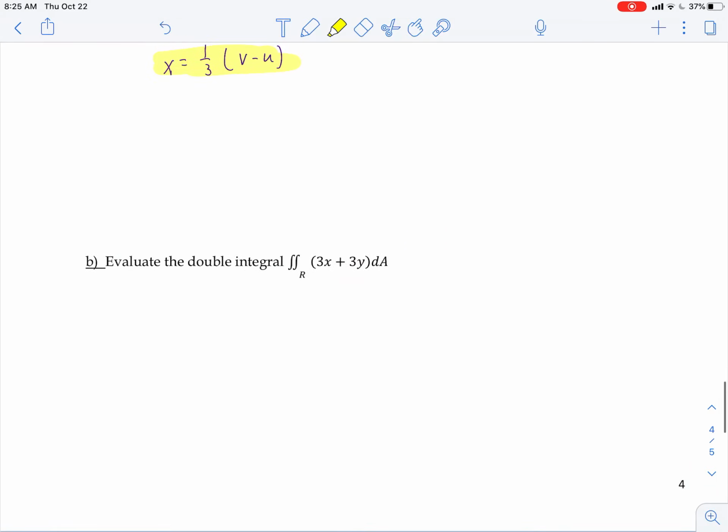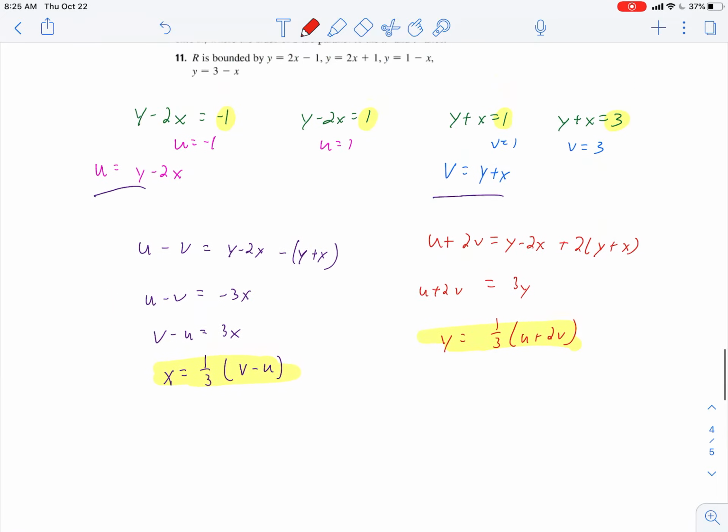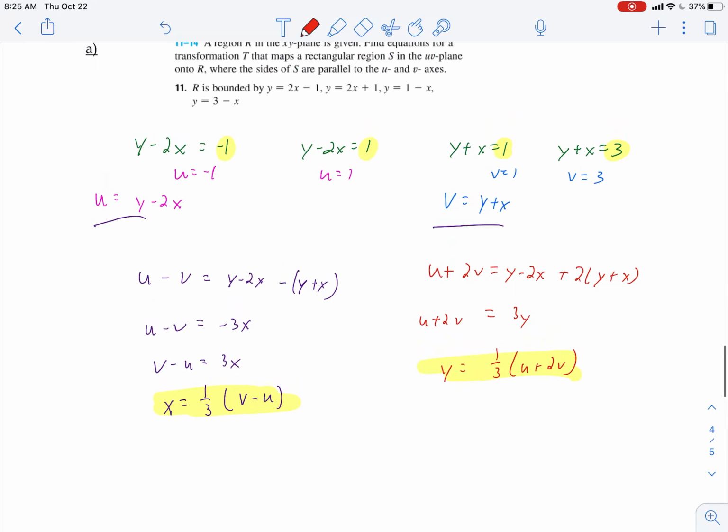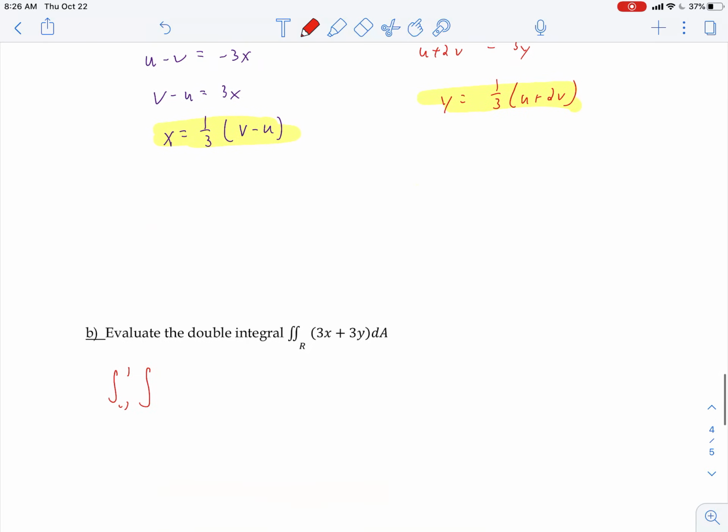All right, the last part, we're just going to go ahead and integrate using our values, so the double integral of 3x plus 3y over this region. So we're just going to say, okay, let's do u first, and u goes between -1 and +1. The second integral goes from 1 to 3 for v. 3x plus 3y, I'll go ahead and just do a substitution of that real quick.